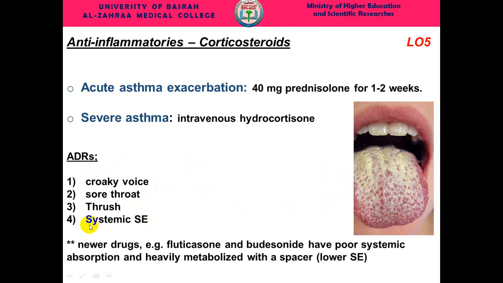And of course, there are many systemic side effects such as diabetes, hyperglycemia, obesity, osteoporosis, and Cushing's syndrome. However, newer drugs like fluticasone and budesonide have poor systemic absorption, and they are heavily metabolized. With a spacer, we would expect a lower side effect with the use of the newer agents like fluticasone and budesonide.